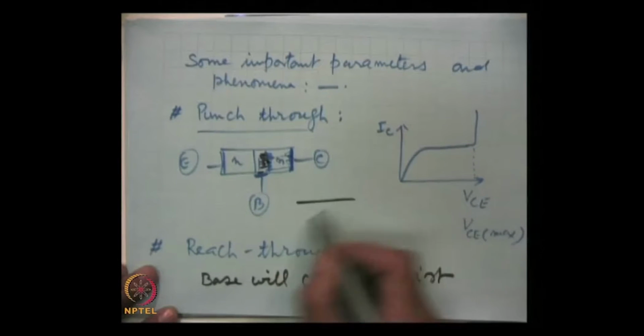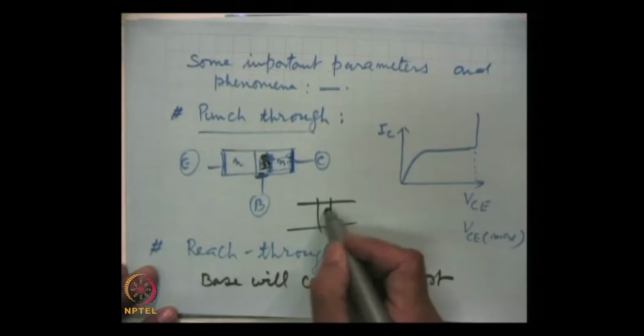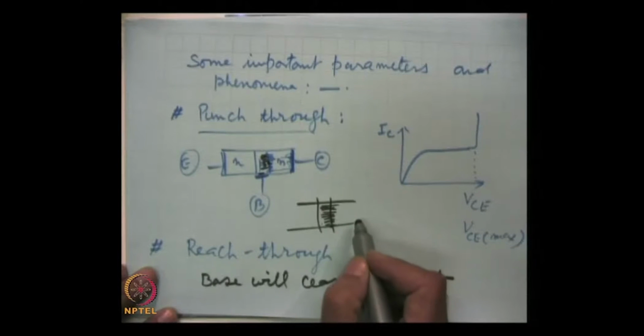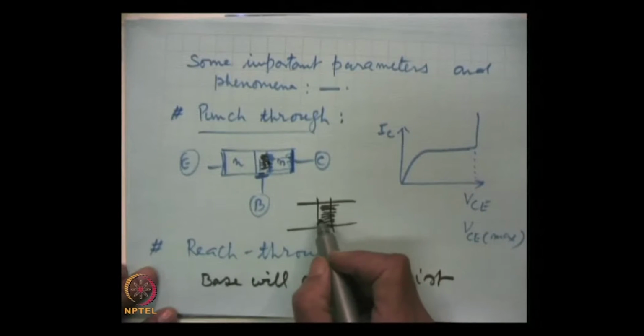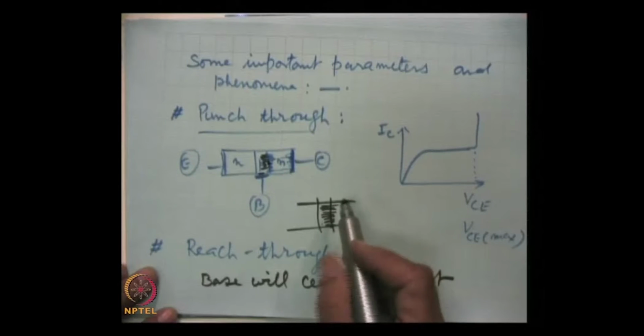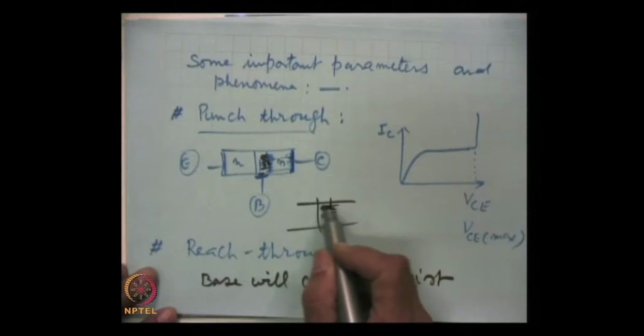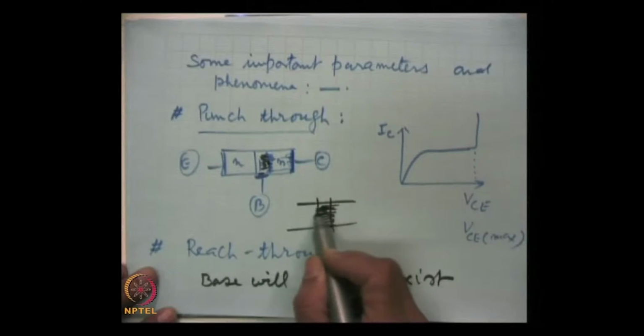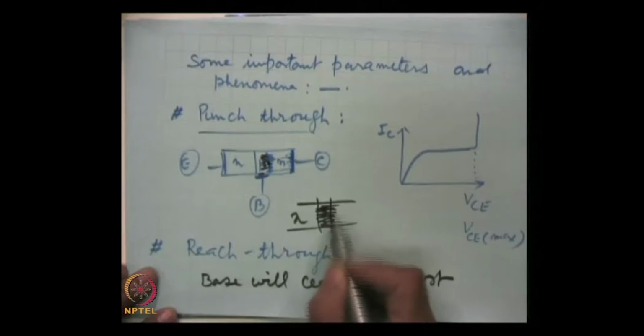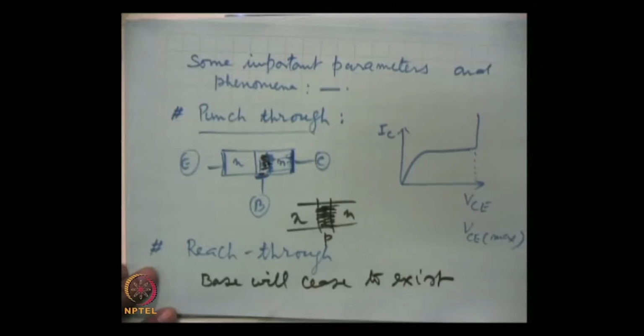You followed here? This is the base, and because it is lightly doped, more spread of the depletion region will be in the base region, and a situation may come when the depletion region almost touches the emitter. When this happens, the transistor again stops working, and this is known as the reach through process.